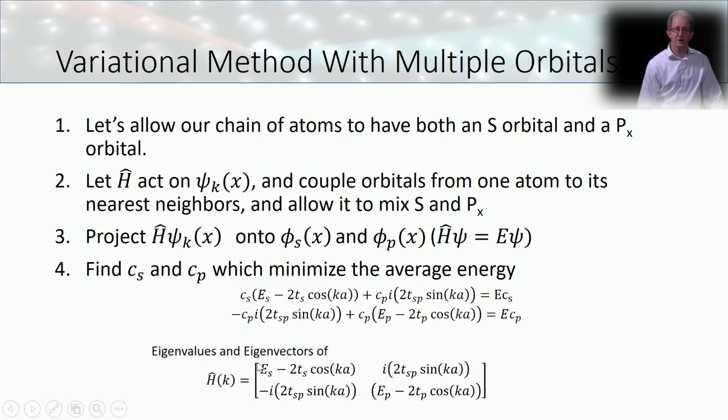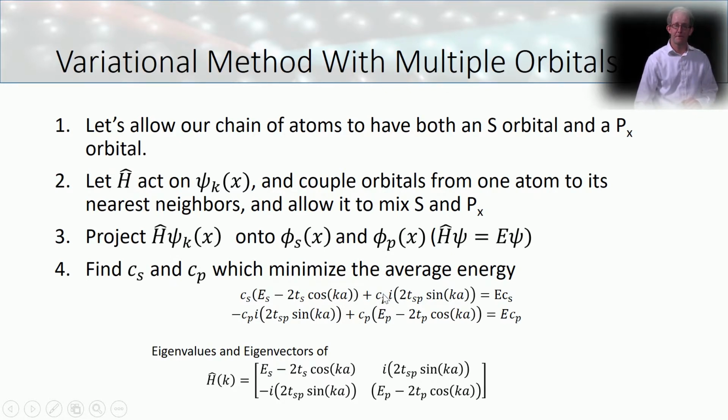For each one of these, we're going to look at the amount of c sub s that we have. So this will be the energy of the s orbital minus 2 times the transfer integral times cosine k. This is just the band structure of the s orbital, plus the amount that we're projecting onto the p orbital.